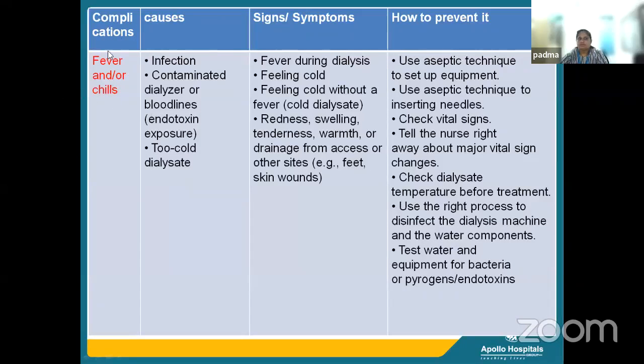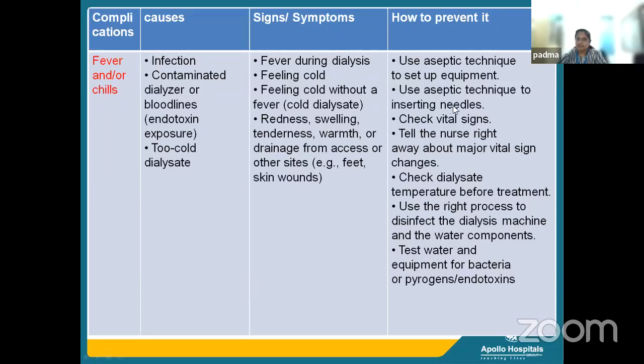And fever and chills. In dialysis, the main causes of fever and chills are infection, sepsis, a contaminated dialyzer or blood lines connected to the patient, and endotoxin exposure or cold dialysate. That is why we should maintain the dialysate solution temperature between 36 and 37. The main symptoms of this complication are fever during dialysis, feeling cold without a fever because of cold dialysate, and redness, swelling, tenderness, warmth or drainage from the access or other sites, for example, feet or skin wounds.